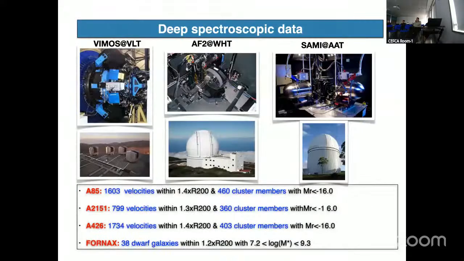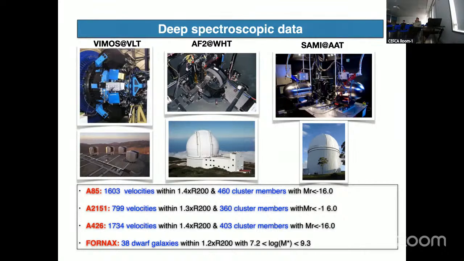The observations are interesting because what we did was take very deep spectroscopy on these 4 clusters, with different telescopes and different instruments. For example, for the Fornax cluster, we used the Anglo-Australian Telescope with the SAMI spectrograph.